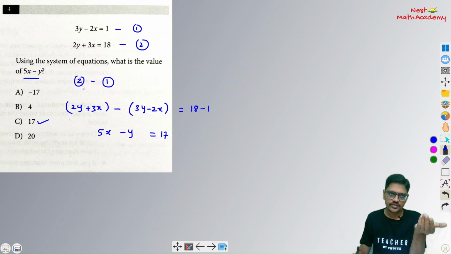Then you have to use a regular method of solving the system of equations, that is you can use either the elimination technique or the substitution method to solve for x and y separately, find the x value and y value, then substitute them here and find this expression's value. But in this case it was directly possible, so that's why we created the expression itself. When it is not possible to create the exact expression, then you find the x and y values separately and substitute here and get the answer.